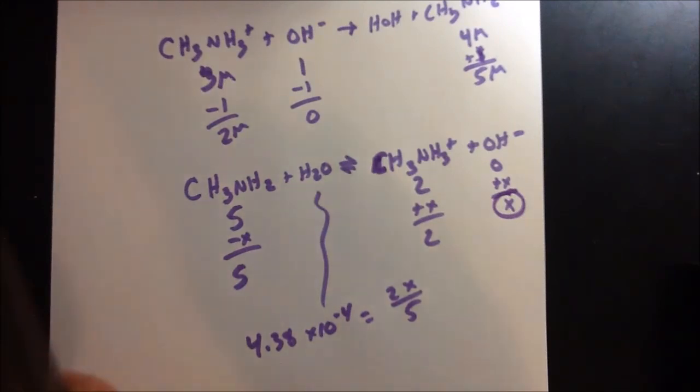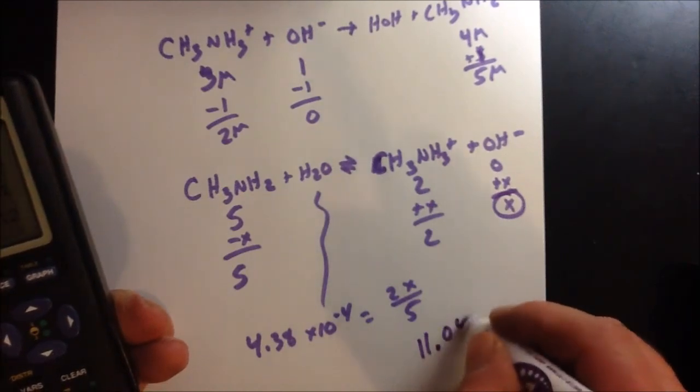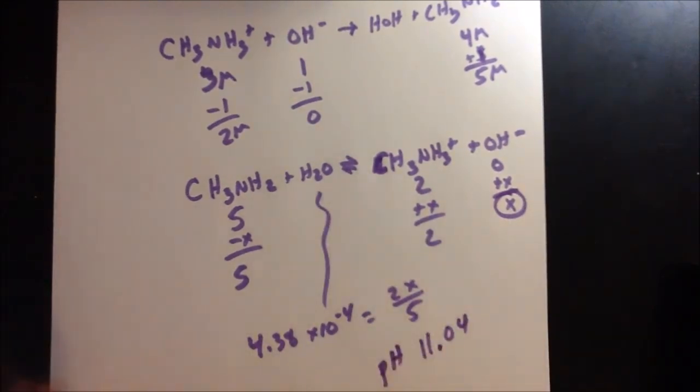Subtract that from 14, and I get 11.04 as my pH. Now again, the original mixture had a pH of, I believe it was 10.77. So I added in a base, so we expect it to go up, but not really all that much when we add in that sodium hydroxide.